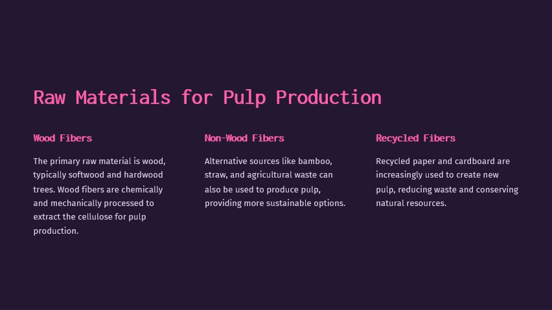Non-wood fibers from alternative sources like bamboo, straw, and agricultural waste can also be used to produce pulp, providing more sustainable options. We have the recycled fibers. Recycled paper and cardboard are increasingly used to create new pulp, reducing waste and conserving natural resources.